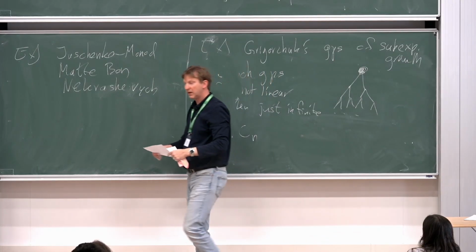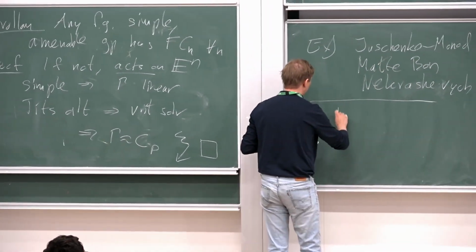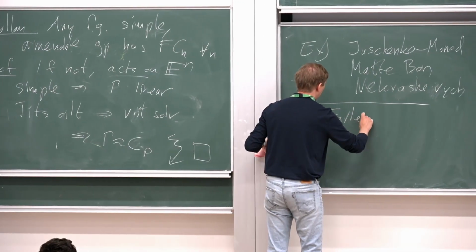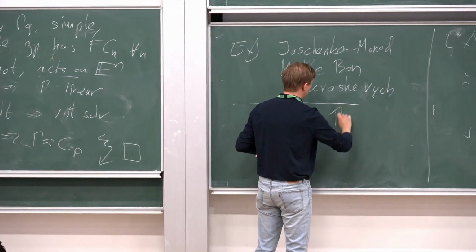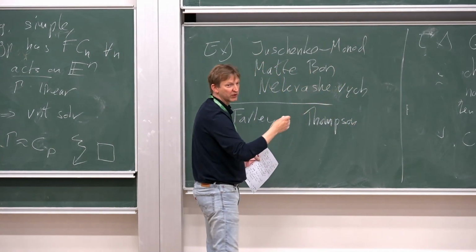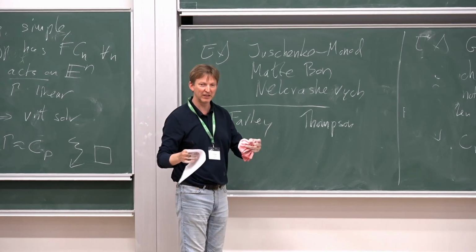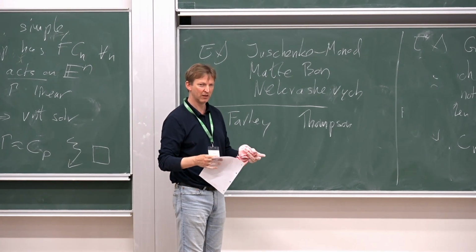Oh yeah, here's one other possibility, but we didn't look at it. There was a work with Farley on Thompson's group, because maybe one can use this for subgroups. So even if the amenable group is not to your taste, maybe you have subgroups inside the group that are amenable.